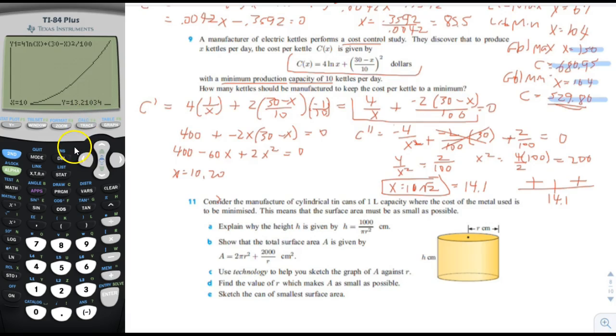And what are the values for 20? 12.98. Okay. And I can't see well, so let's try to zoom in a little bit here. We'll do a window, and I'm just going to make the Y max like 40. See if we get a better picture here.